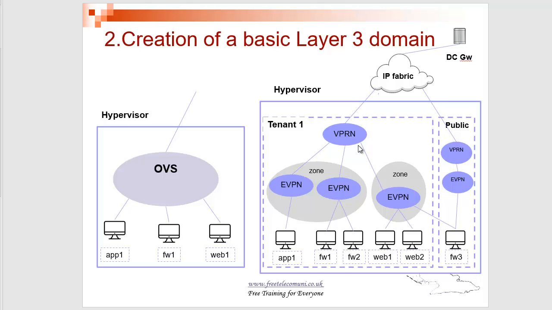Then we're going to attach different zones, which are basically just administrative groups, and will allow us later on to apply different policies to those zones. Inside the zones, we're going to create, as you can see, layer 2 services or EVPN services. And finally, we're going to attach a web server. So that's the plan.